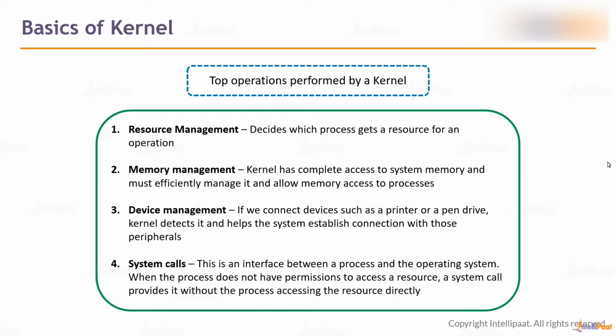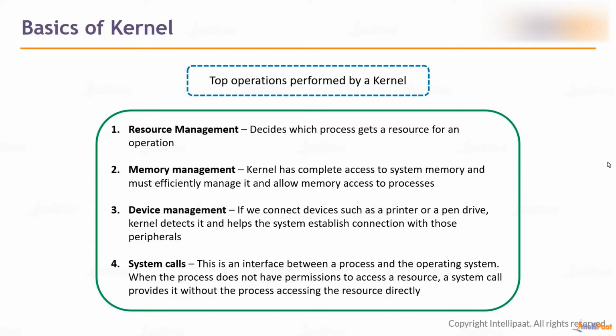To avoid that, the kernel chooses which process exactly needs the resource right now, or it may delay the process of execution. So it might give it to a process which takes less time first, and then give it to a process which takes a longer time. There are varieties of resource management, but this is one of the main operations which the kernel does.